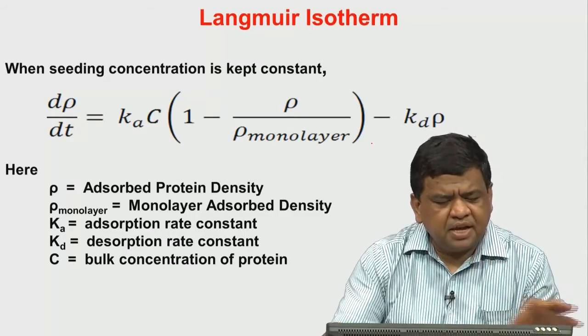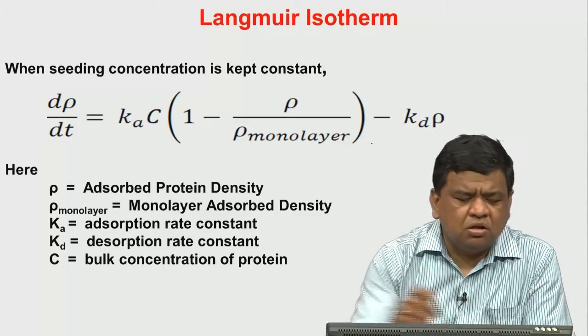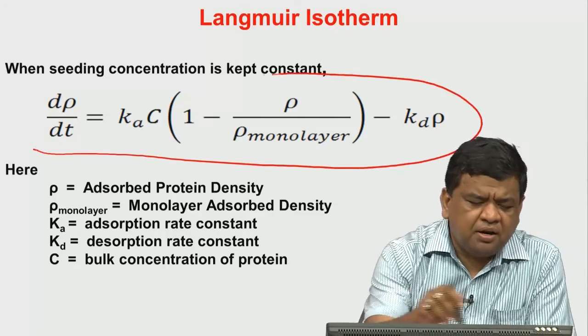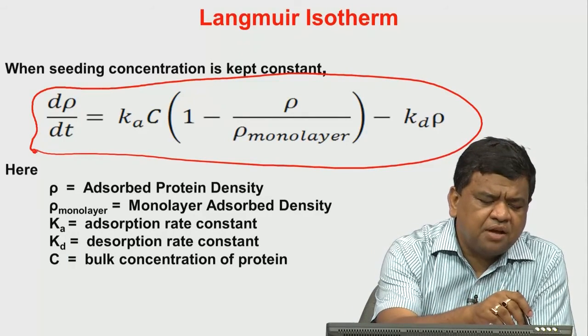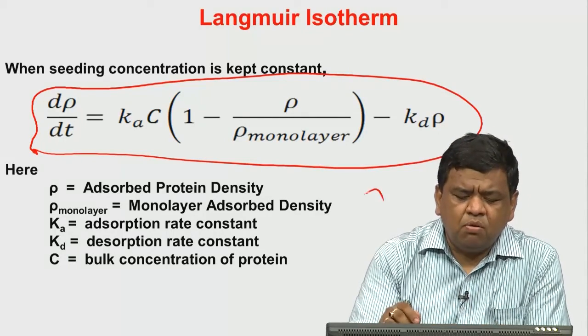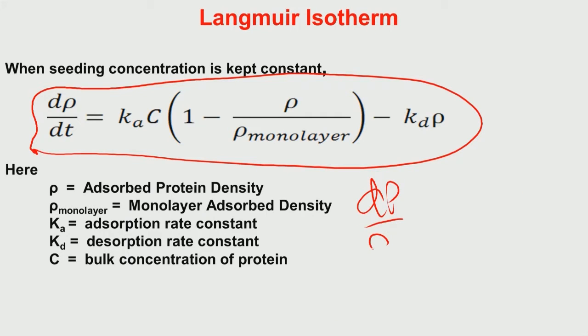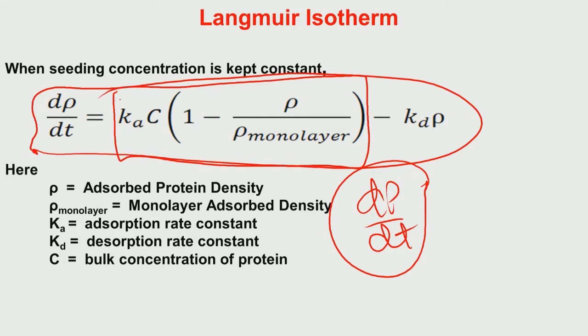This is the second expression, which is also equally important in describing this Langmuir isotherm, that is d rho by dt, the change in the protein adsorption density with respect to the time of incubation, which is equal to two terms. The first term is related to the adsorption, the second term is related to the desorption.